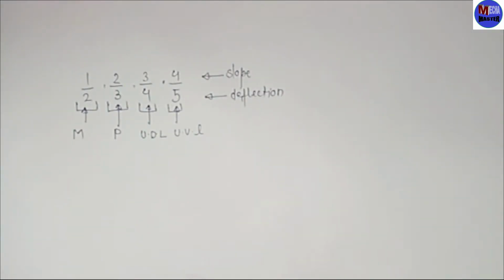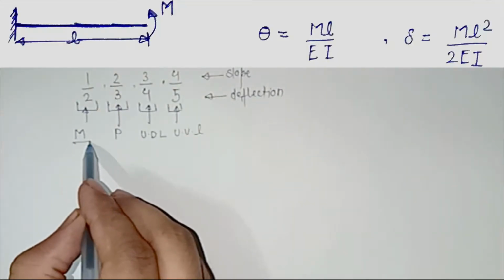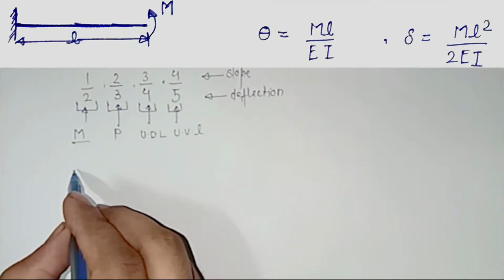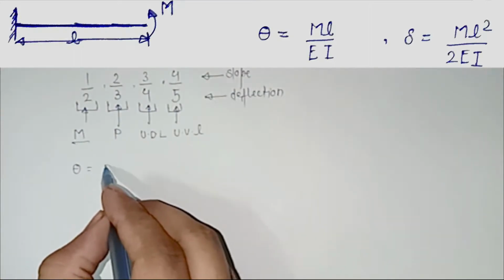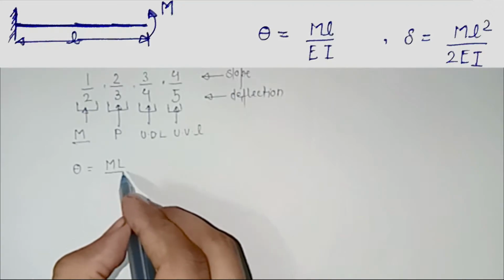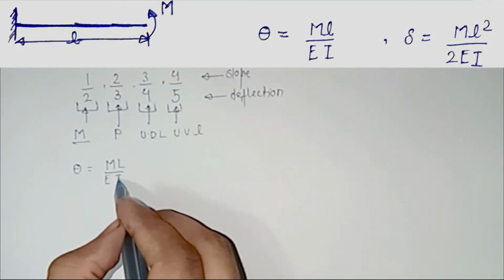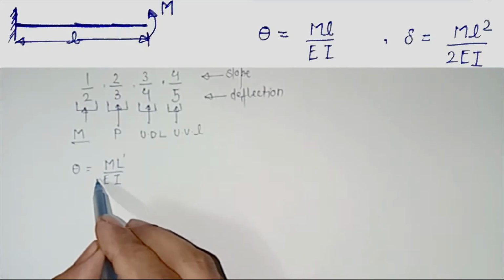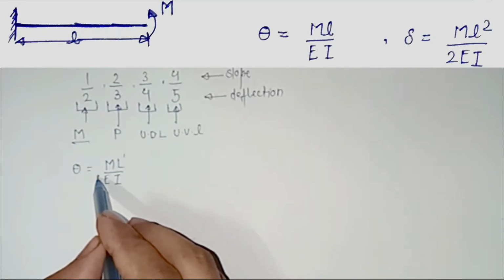For the case of cantilever beam, when the loading condition is bending moment, the formula of slope is theta equals ML upon EI. Here the power of L is 1 and the coefficient of EI is also 1.